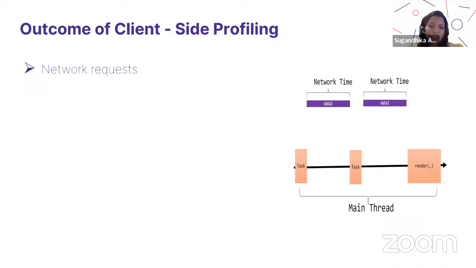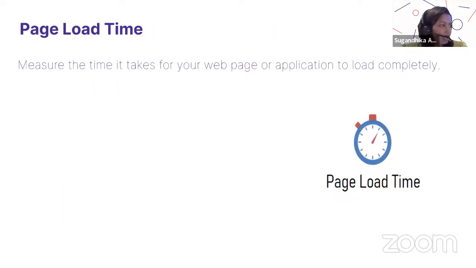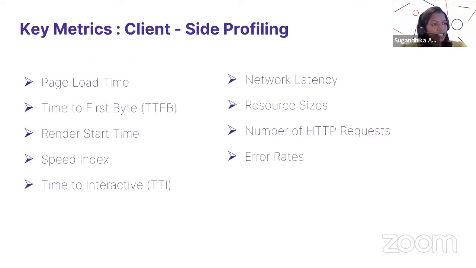And also we can evaluate the network waterfall of the page in the waterfall network diagram in your tool, and you can identify long-running requests and bottlenecks. I actually forgot to mention earlier that all these key metrics are part of the client-side profiling tools.